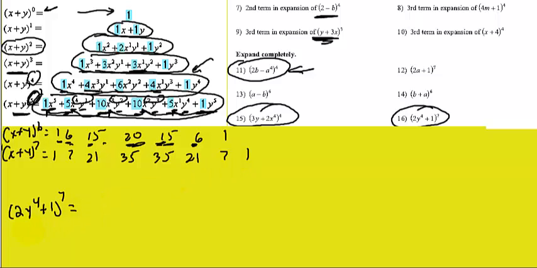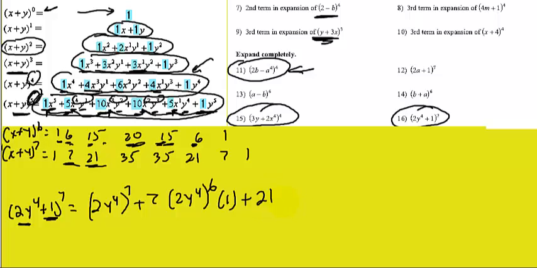So I'm going to have 1, that's my first term, which is going to be 2y to the 4th to the 7th, and this is a plus, that means everything gets a plus. And then I have a 7 times 2y to the 4th to the 6th times 1, which is my second term, and then a plus, my coefficient is 21, and then I have a 2y to the 5th, and then I have 1 to the 2nd.